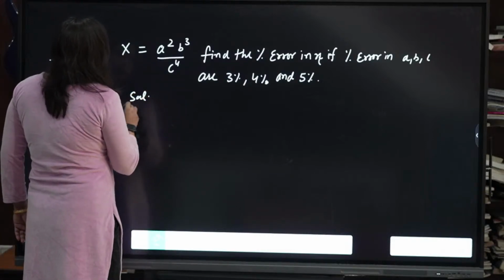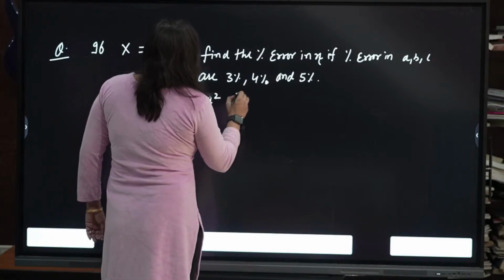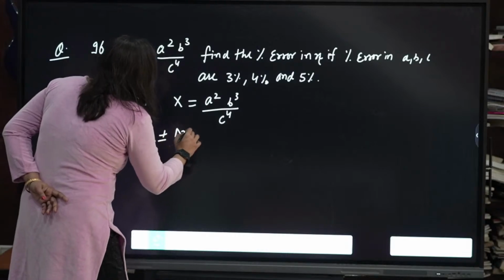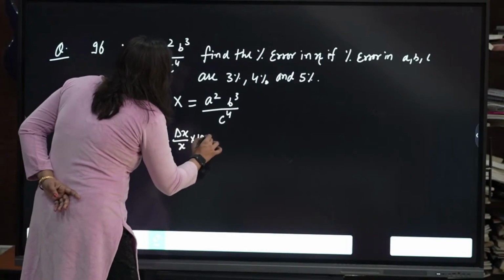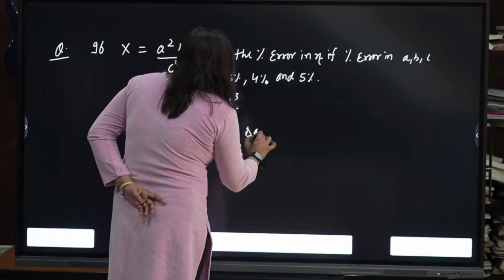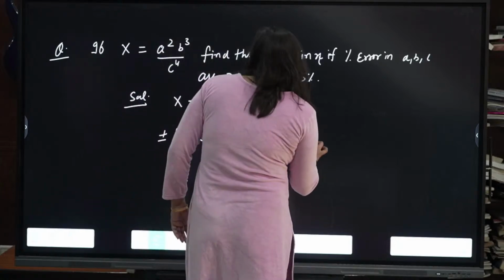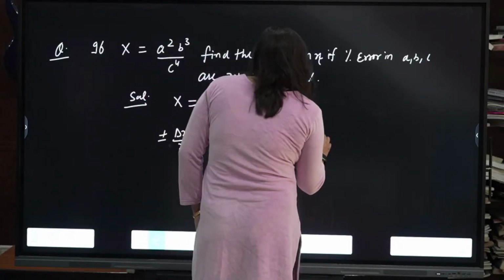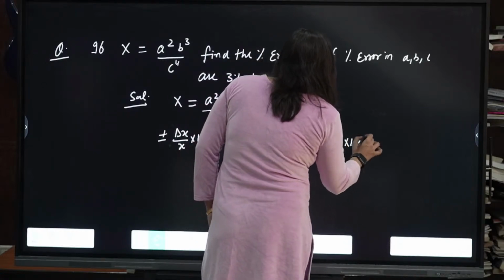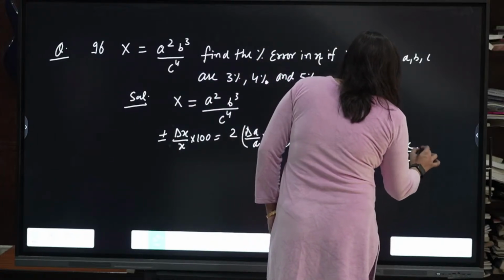When you solve it, firstly, given x is equal to a to the power 2, b to the power 3 and c to the power 4. Firstly, you write in percentage error form del x into 100. Same thing here. Powers multiply: 2 into del a by a into 100, and next plus 3 into del b by b into 100, and plus 4 into del c by c into 100.